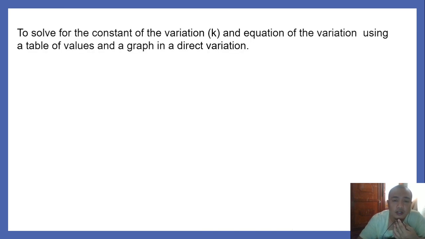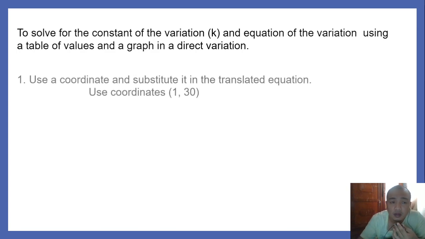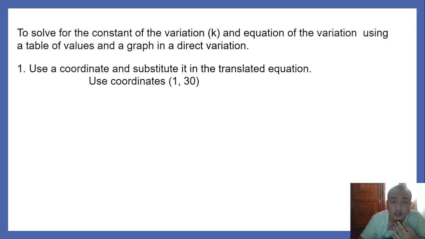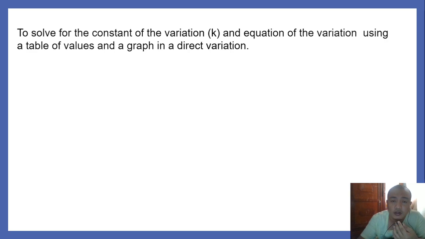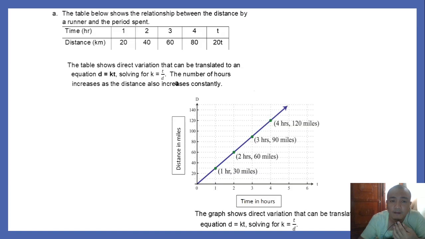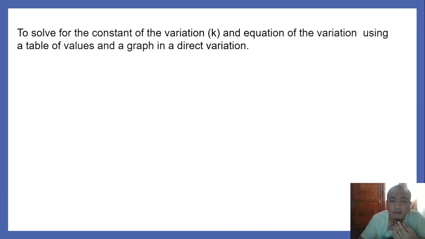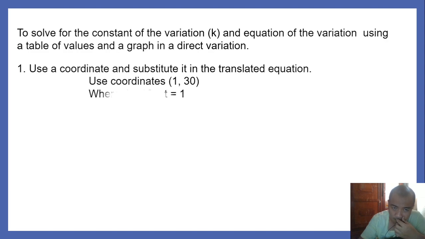Now, to solve for the constant of variation k and the equation of variation using the table of values and a graph in direct variation. Number 1, use a coordinate and substitute it in the translated equation. Use coordinates (1, 30), where d is equal to 30 and t is equal to 1.